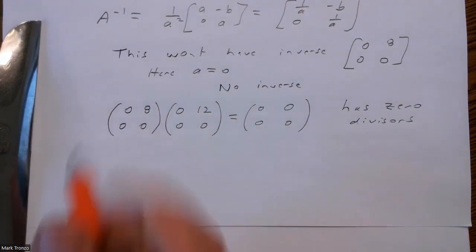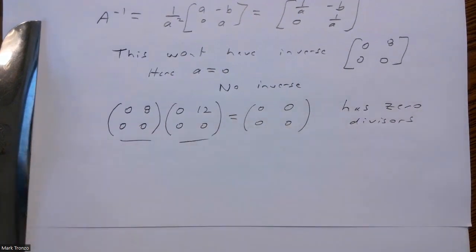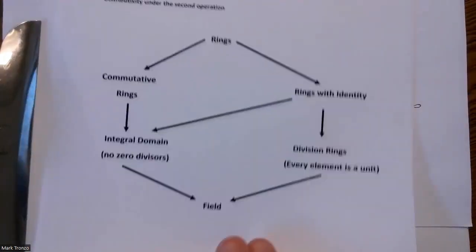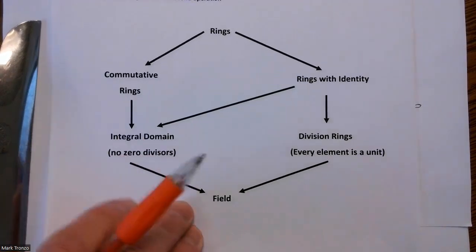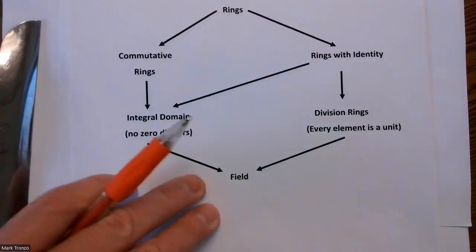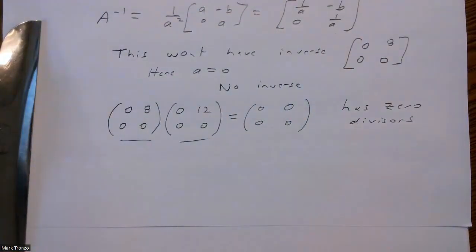So we took two non-zero elements and got 0. So it looks like we have zero divisors. So it's not an integral domain, because an integral domain would have to have no zero divisors. There couldn't be any two non-zero elements that, when multiplied, give 0.